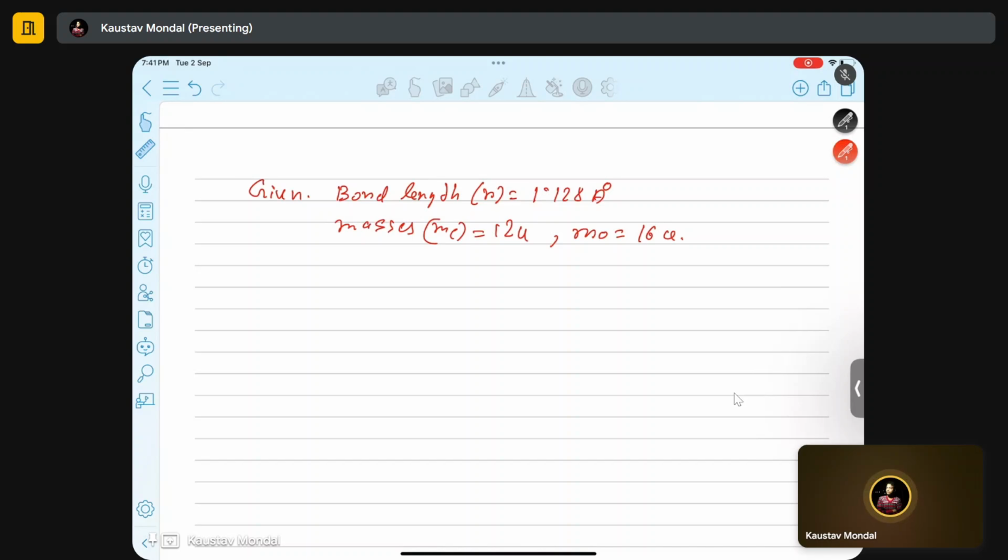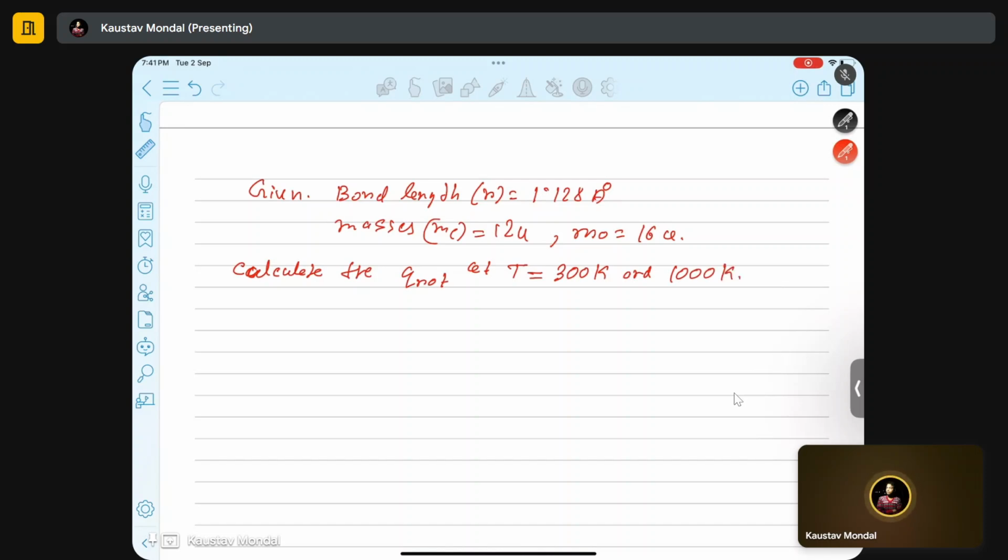Using the high-temperature limit for a linear molecule, in the problem you have to calculate the rotational partition function at two different temperatures: T equal to 300 Kelvin and 1000 Kelvin.